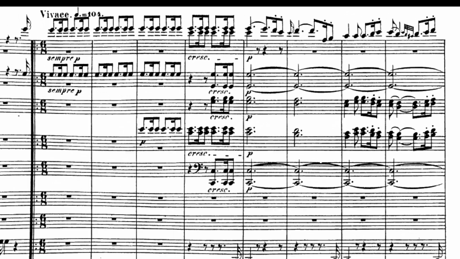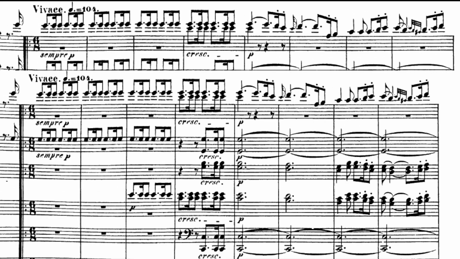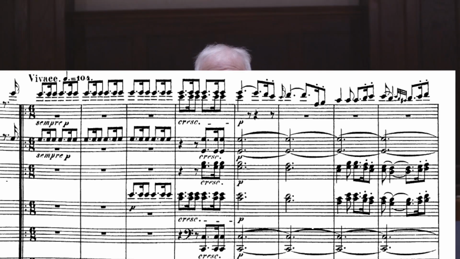So let's look and see at the vivace what it simply says. There's no dots. There's no rests. Could be a little more on the legato side. Certainly possible.